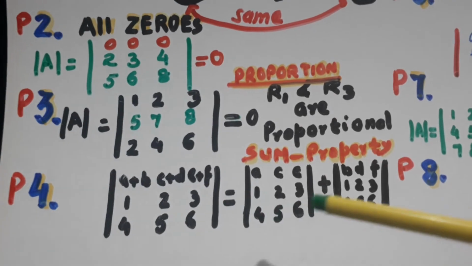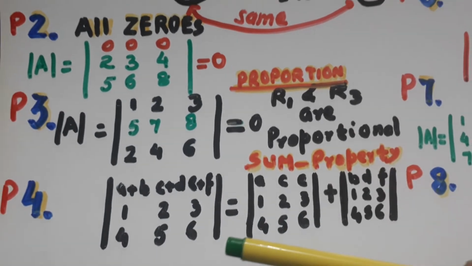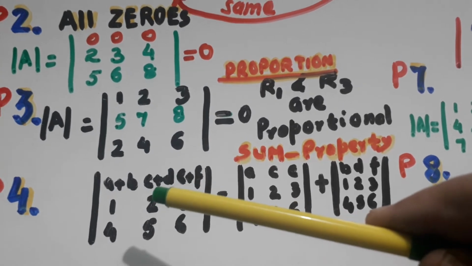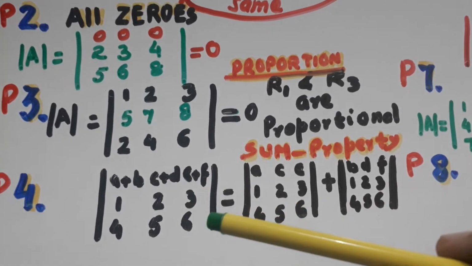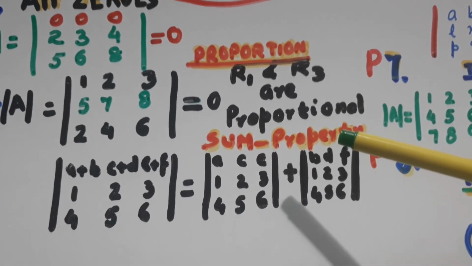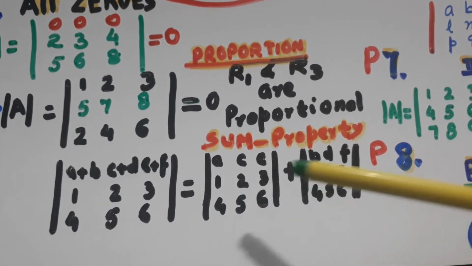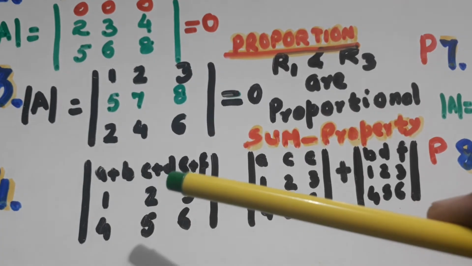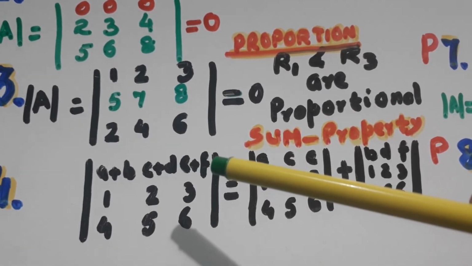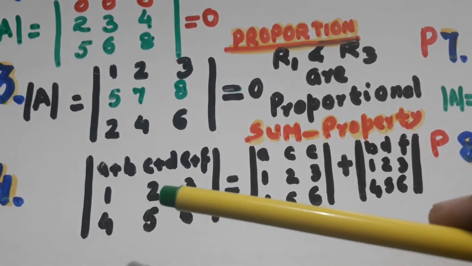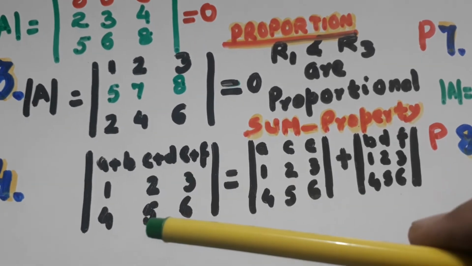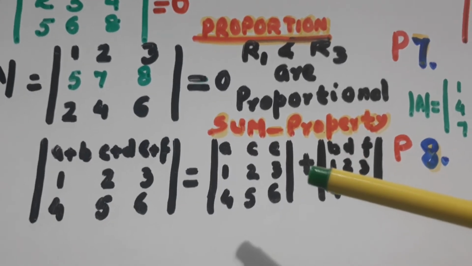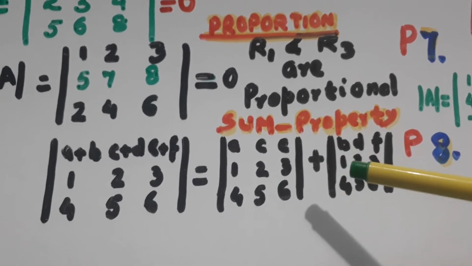Property number 4, sum property. When the elements of any row or column are in the shape of a sum, then it can be expressed as the sum of two determinants. Now look here. The example is a plus b, c plus d, e plus f, 1, 2, 3, 4, 5, 6. Now I have expressed this as the sum of two determinants.